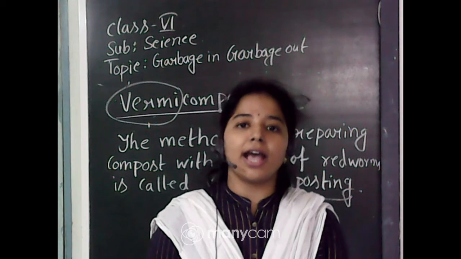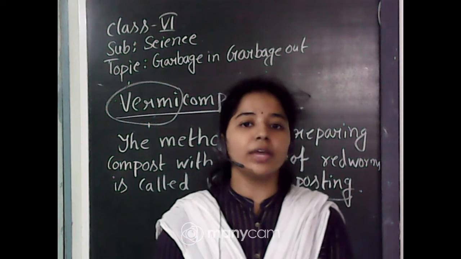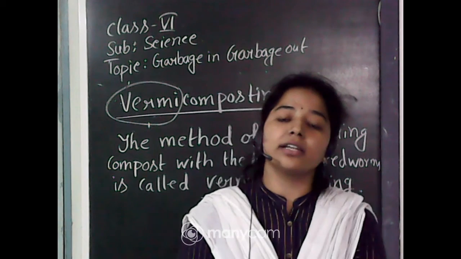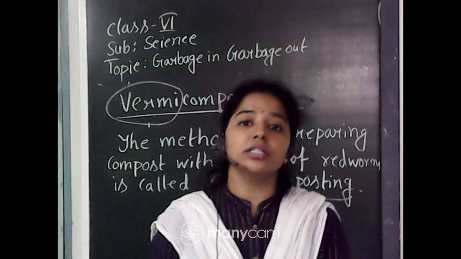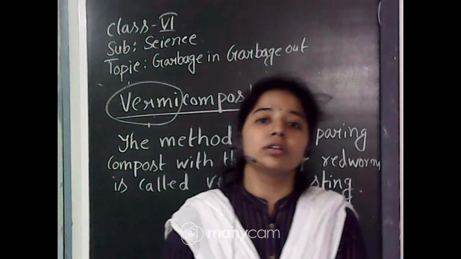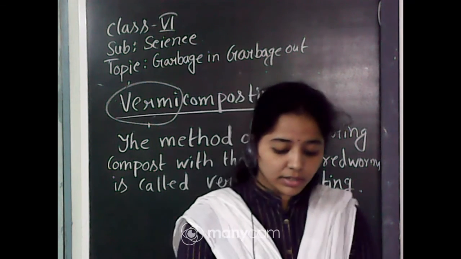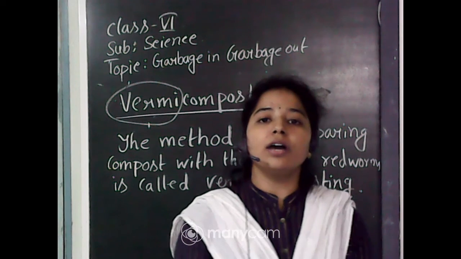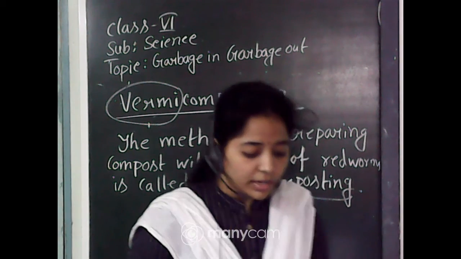Why? As it makes the soil more fertile, so that plants get the required amounts of water and minerals in a proper way. So we have learned what vermicomposting is. Now we will learn how vermicomposting is done.